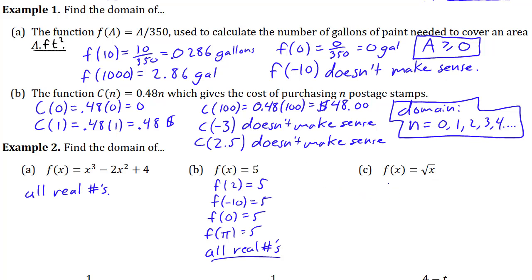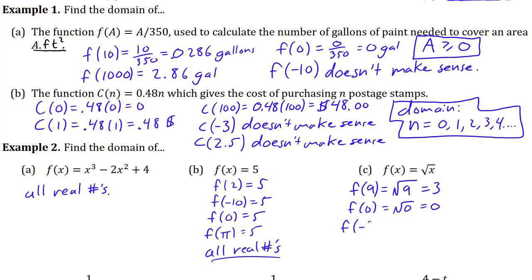What about f of x is the square root of x? So this is a situation where maybe there are some x's that you cannot plug in. So if you, for example, want to do f of 9, you're going to get the square root of 9, which is 3. If you want to plug in 0, that's okay. The square root of 0 is 0.